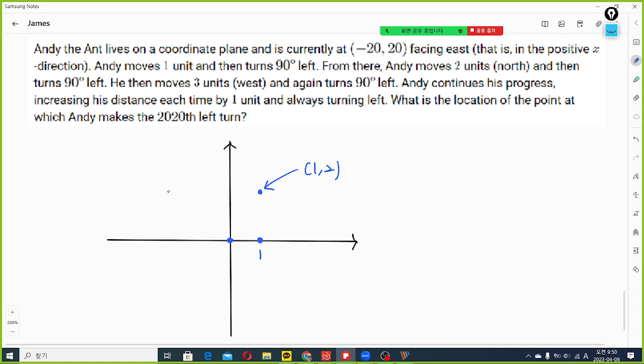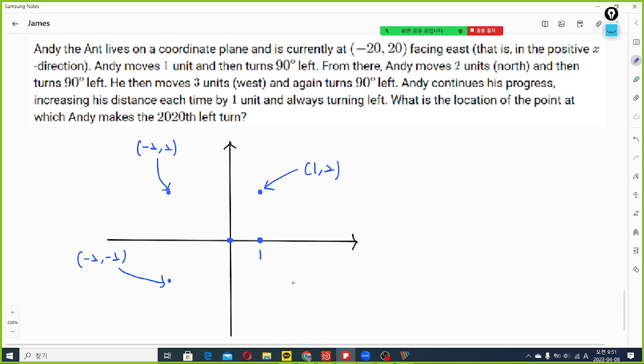So that makes minus 2 and 2. And then he's moving south, 1 unit increasing. So he moves 4 units to the south. So that makes minus 2 and minus 2.